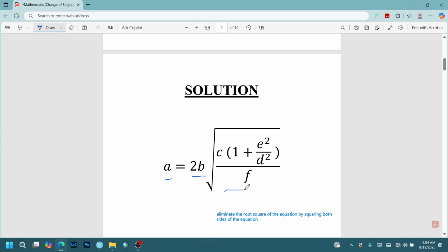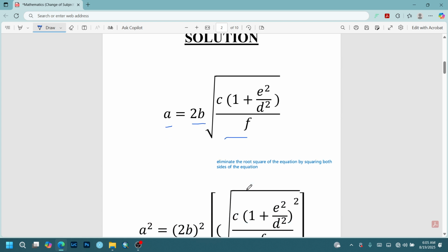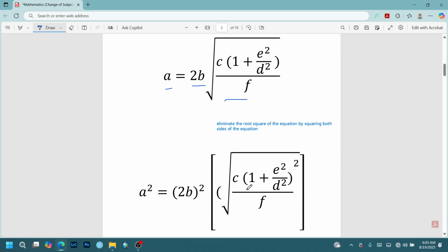So we square each side of the equation. So we are going to have our new equation to be A square equals 2B square multiplying the root square of the fraction C multiplying 1 plus the fraction E square over D square, or in bracket square over F, right?